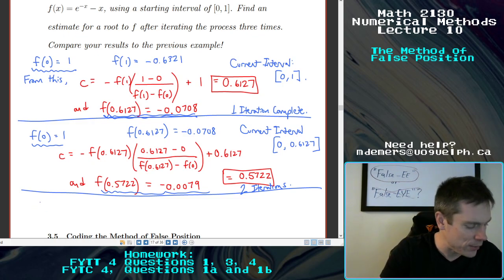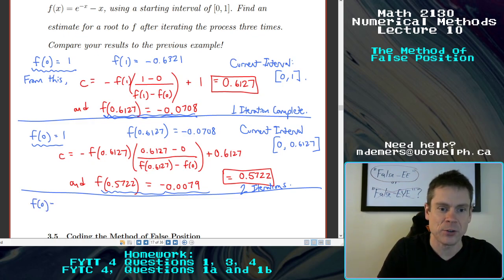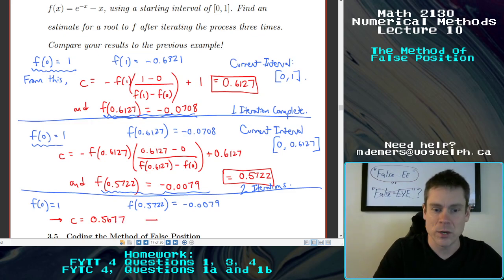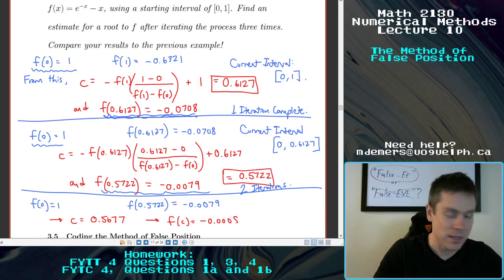And the third iteration is going to use f of 0 equals 1 and f of 0.5722, which is minus 0.0079. And I'll let you do these calculations, but this will produce c equals 0.5677, which then gives an f of c of negative 0.000896.